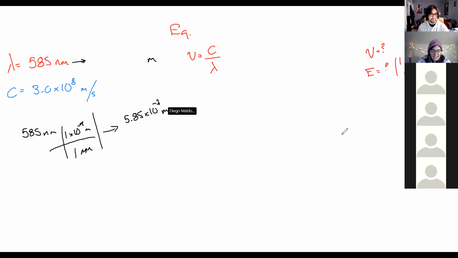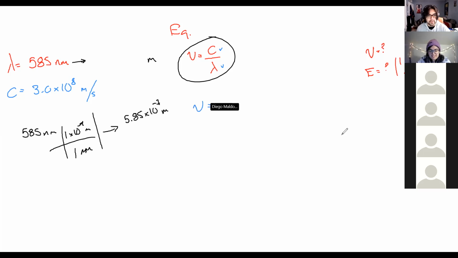Okay. So do I have all the necessary variables in order to solve for my frequency? Yes, we do, because we have our speed of light and our wavelength and the correct units as well.